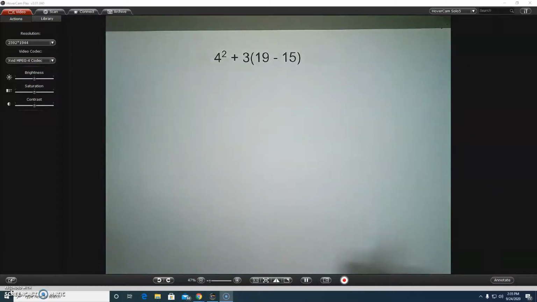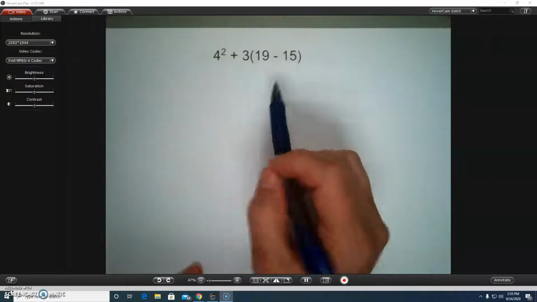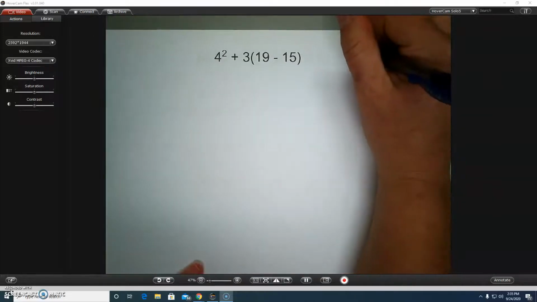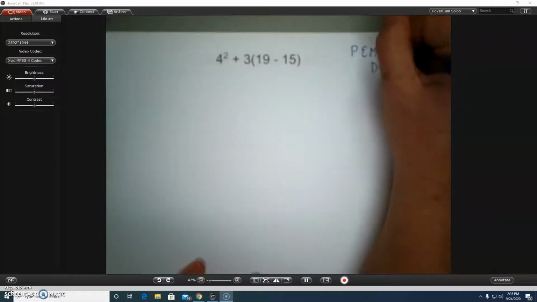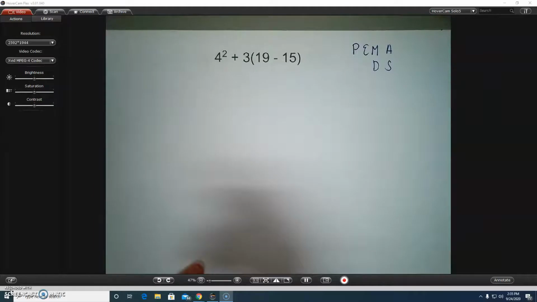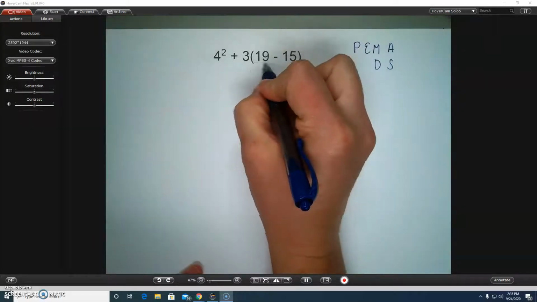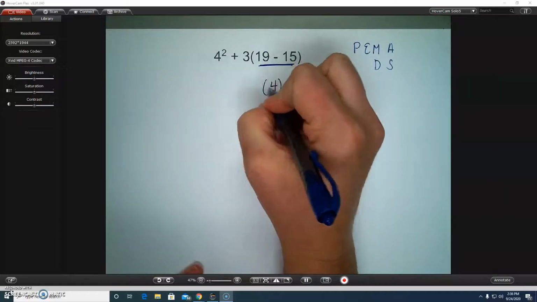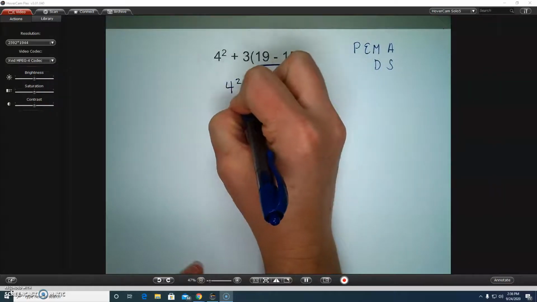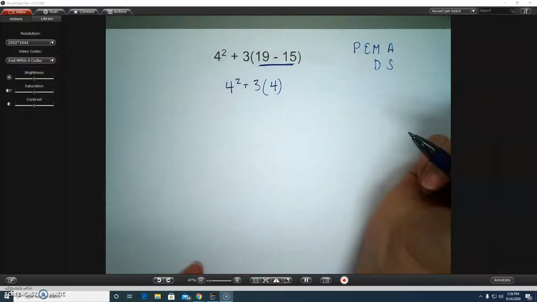Our next problem here, do I have parentheses? So I can always go ahead and write these steps down to try to help myself remember. So I have parentheses, so I want to take care of that first. Everything else comes down exactly as it was before.